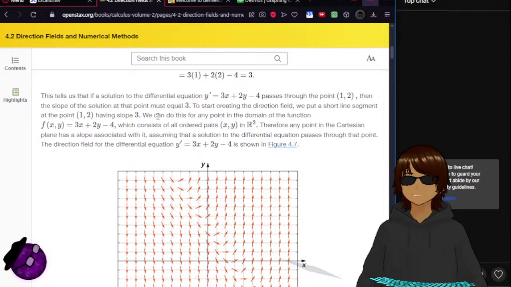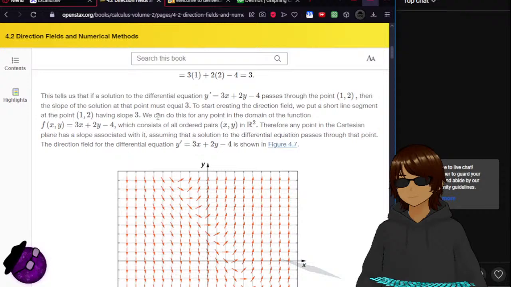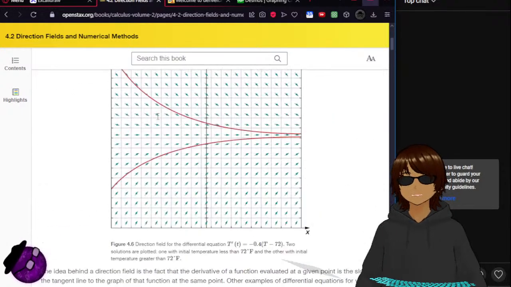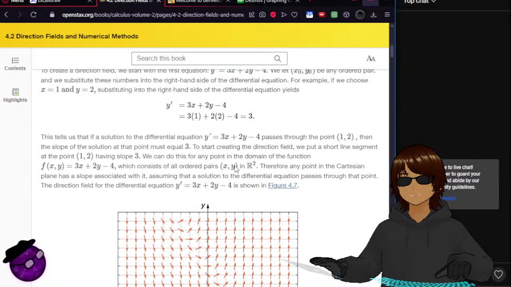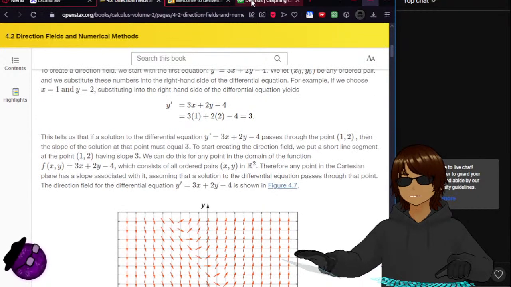Oh, I guess the arrows show the tangent line, the derivative, because the equation is defined for all the values. 3x plus 2y minus 4.